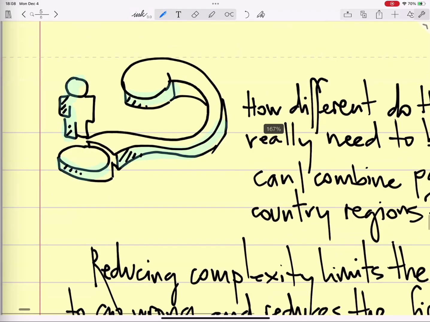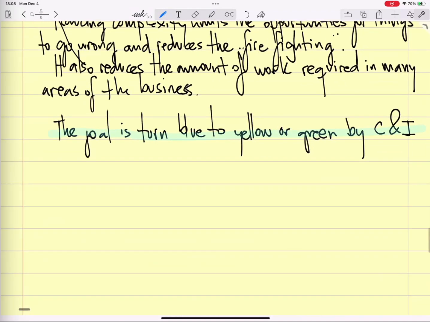And then the last strategic question is what to do with all the red products in the value stream.